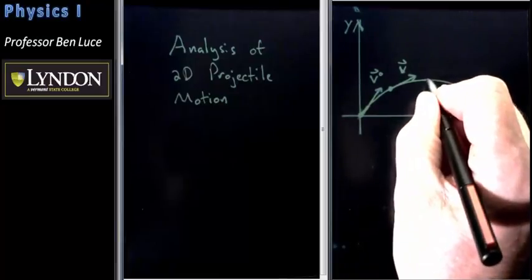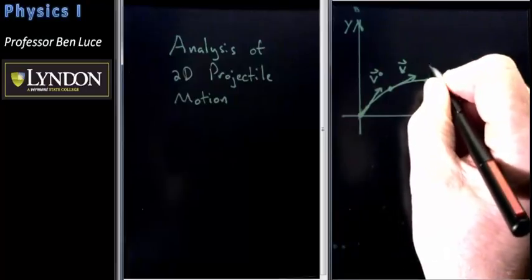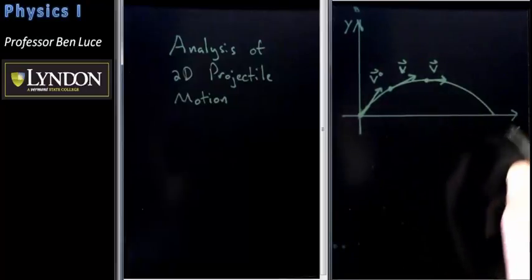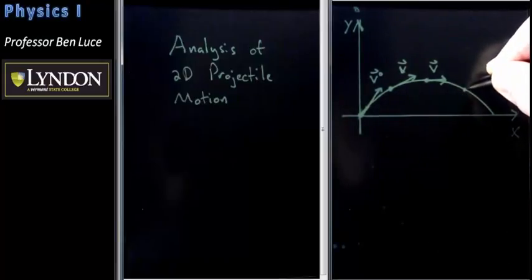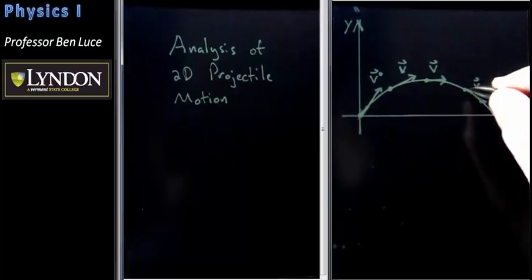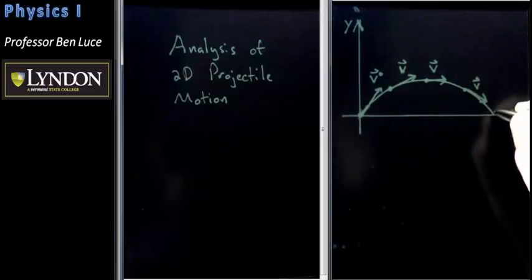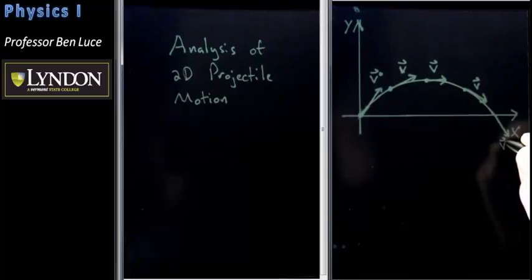And at the top, it will have a horizontal instantaneous velocity. On the way back down, it'll again have an instantaneous velocity, which is tangent to the path, but this time pointed a bit down. And then at the bottom, infinitesimally before it lands, it'll have an instantaneous velocity, still tangent to the path, and we'll call that v land.